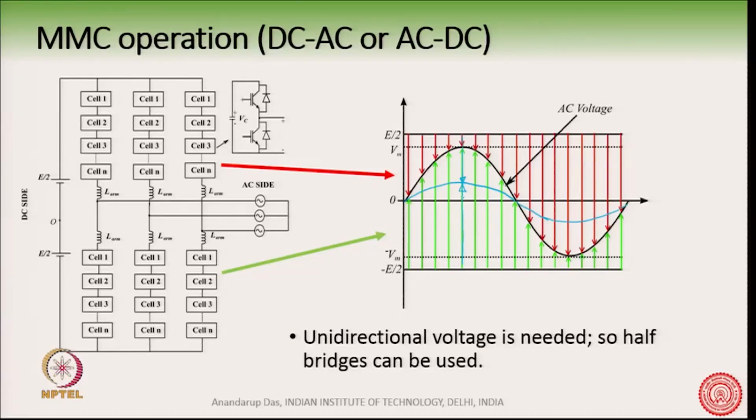So, therefore, we understand that the magnitude of V m can be changed, and that is exactly what I was talking about regarding the modulation index in the previous slide, that the modulation index is something which is in our hand. That means, the upper and lower controllable voltage sources can be adjusted in such a way that the AC voltage which is produced at the output of the converter at any point of time can be changed, can be modified.